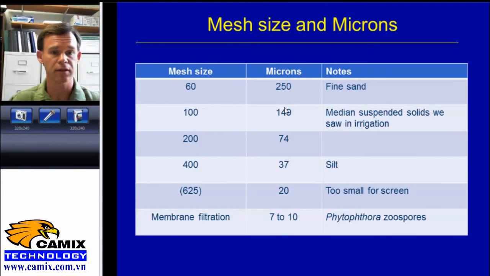Now, we've looked at the sizes of particles that are suspended in irrigation water in a number of different greenhouses, and this is about the median size of most particles in irrigation water. If you wanted to filter out to a smaller pore size, you can only go so far with a screen, and you get down to the very small size of actual pathogen spores, and at that point you're needing membrane filtration.